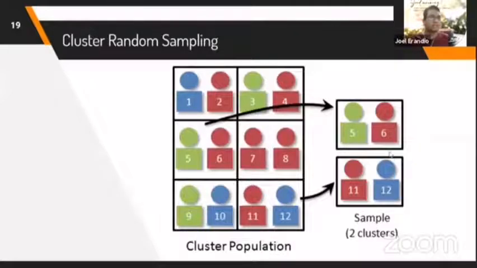So the only difference from stratified is that in cluster, you select all inside the group. For instance, if you have this group of people inside this box, in cluster sampling you select all of this, and the second one, you select all of this. Unlike in stratified, you select samples from each of these groups. That's the simple difference between cluster and stratified random sampling.